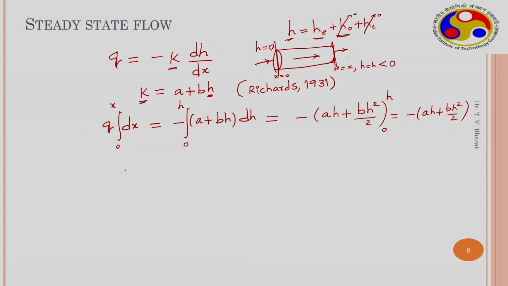Here on this side it is simply Qx. So therefore the equation is BH square by 2 plus AH plus Qx is equal to 0. This is a quadratic equation. We have a solution for this.